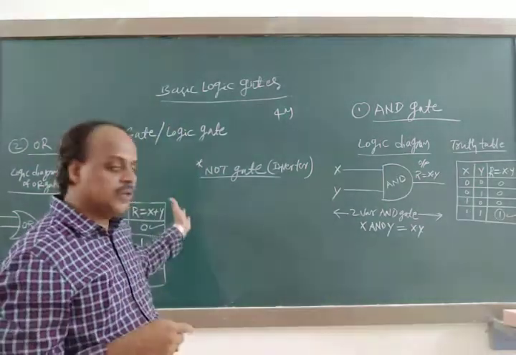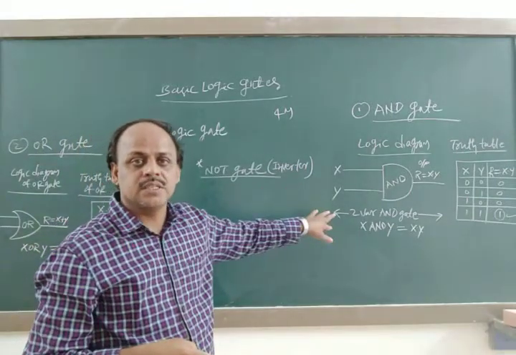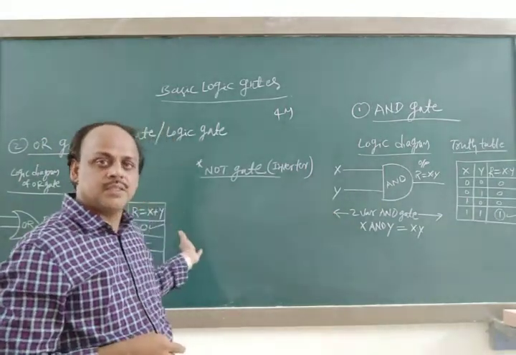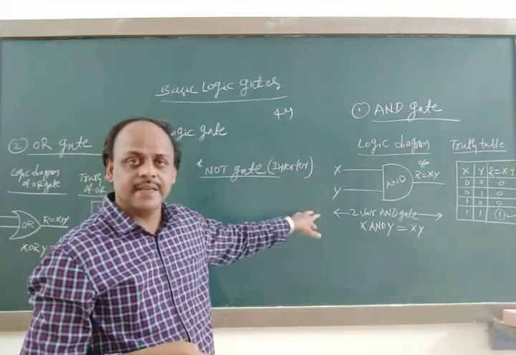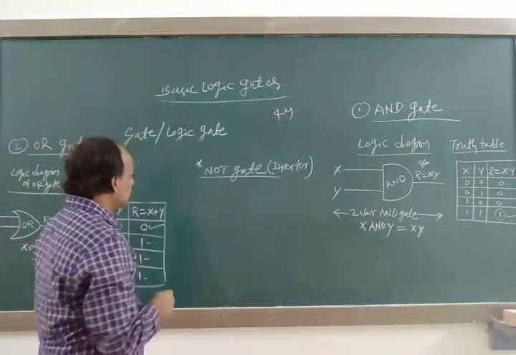Reciprocal. If input is high, output is low. If input is low, output is high. So take the logic diagram.